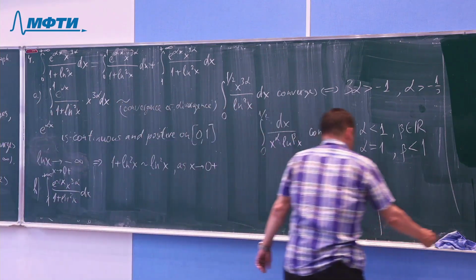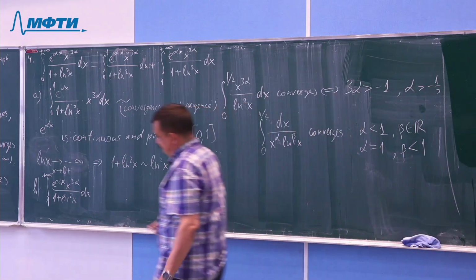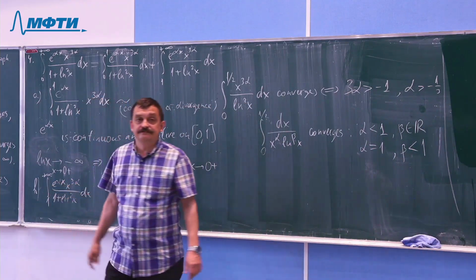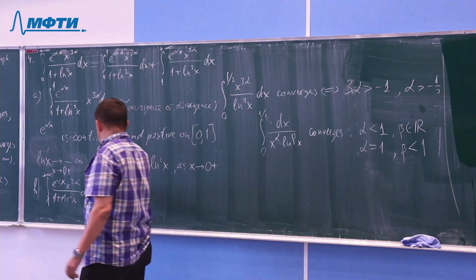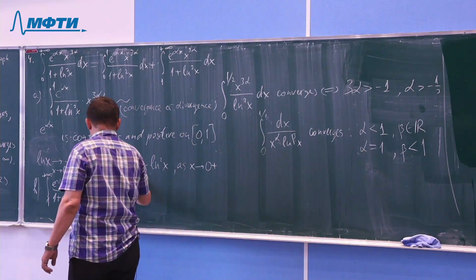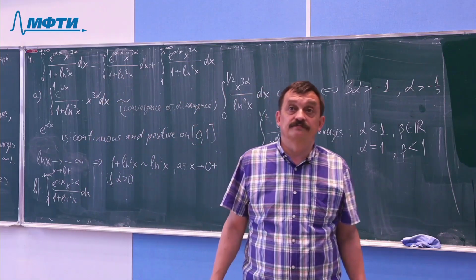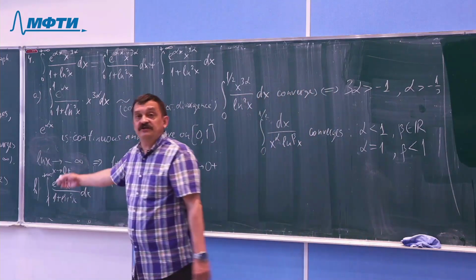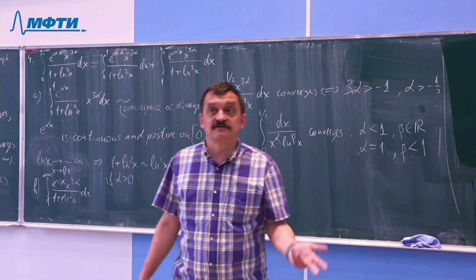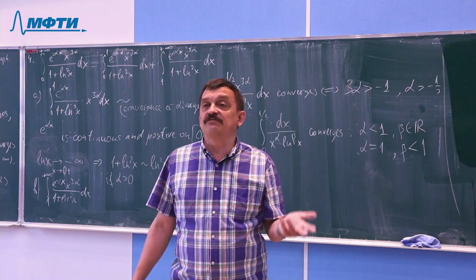Of course, here the main ingredient is the exponent, right? Because what happens if alpha is positive? e power alpha x tends to infinity as x tends to infinity, and it tends to infinity extremely fast.